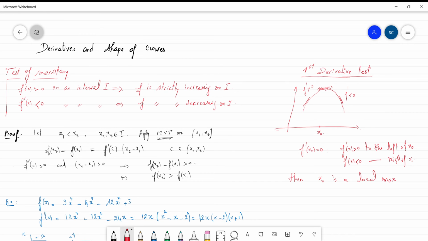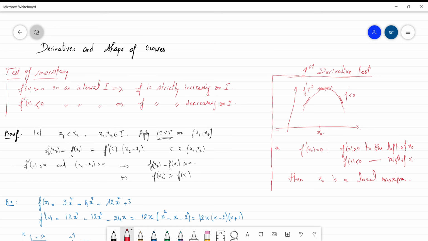So you see, this time we find the characterization for the candidate point. So you have a test here. If you can check the sign to the right and to the left of your critical point, you can say that it's a local maximum.